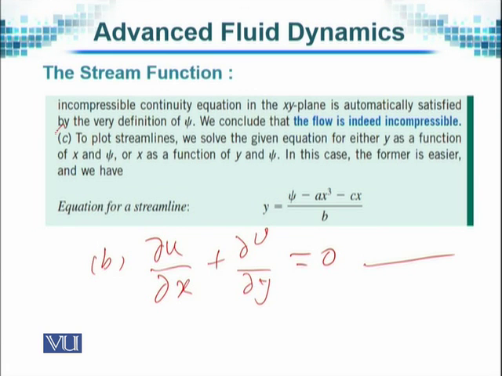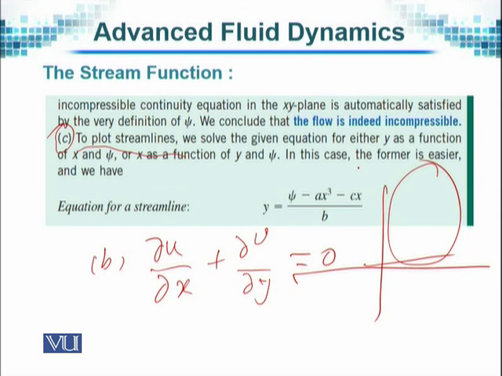Now we come to the third part of this question, the C part, where we need to plot some streamlines. So we have to plot a diagram, in the positive quadrant. For mathematical convenience, it will be nice to write y is equal to f of x, if we can work out the equation using the values of psi, u and v that we have.